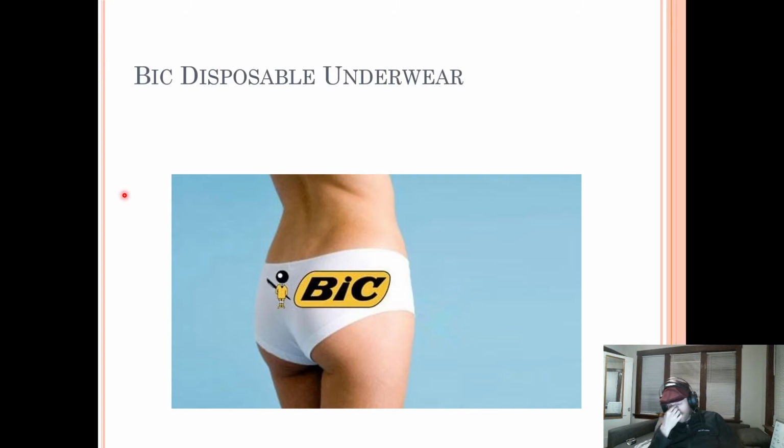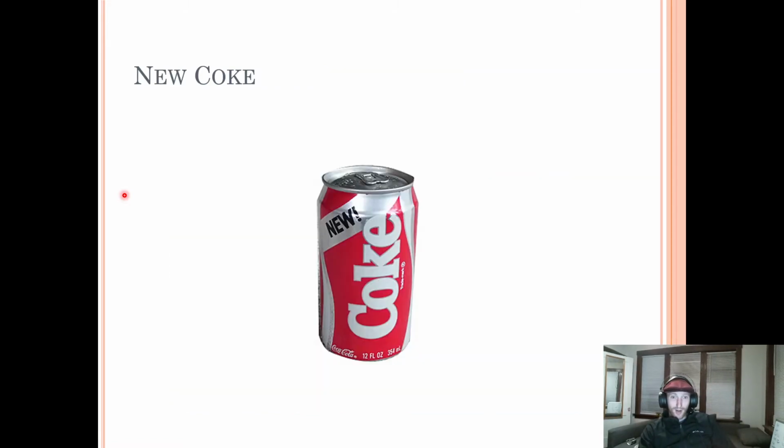Bic, again, also produced disposable underwear at one point. They tried to capitalize upon this particular market. All right? These also did not take off. Okay? Kind of incompatible with the brand. And in this case, didn't signal the value of their particular product.